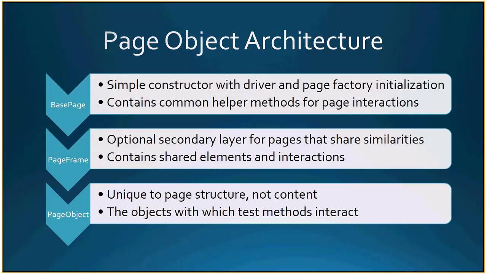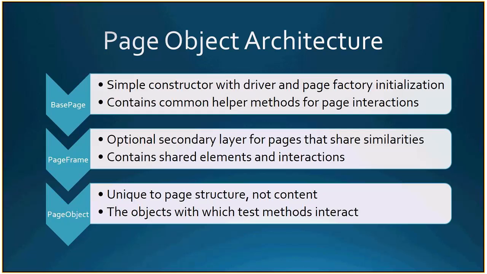Then there's a sort of middle layer for pages that might have shared components. So multiple pages all have this same header bar, so you can have that there. Or multiple pages have the same sort of subpart that is the same in various different contexts.